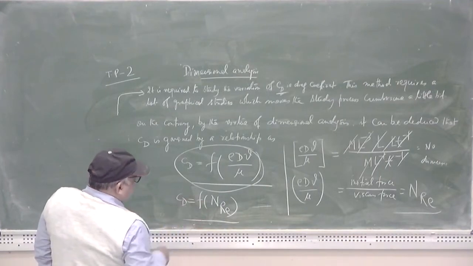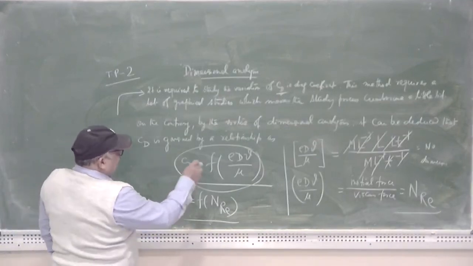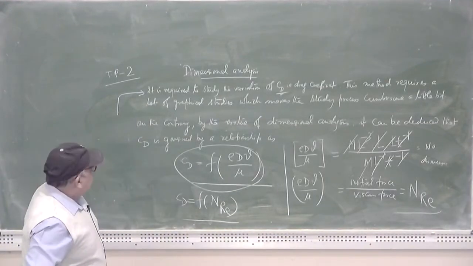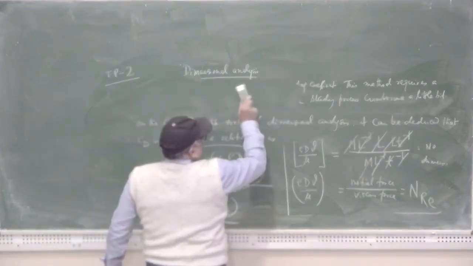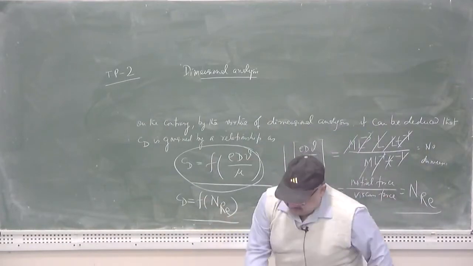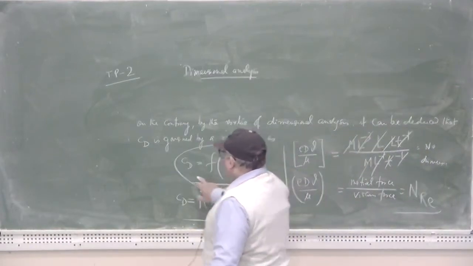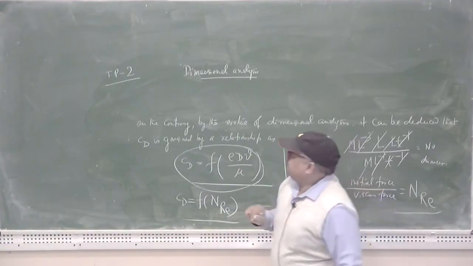So what another thing we are observing? Another thing which can be concluded from here is the number of relevant variables which are initially 5.